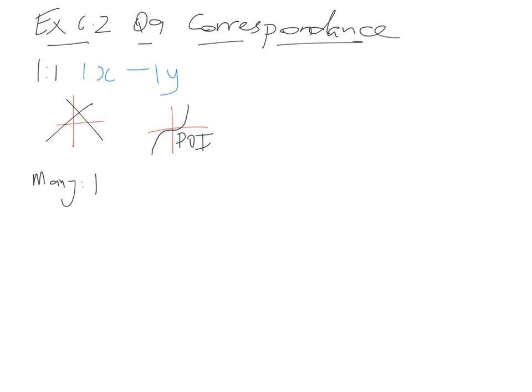Now, your many-to-one is a little bit different. Many-to-one means that a number of x values can correspond to one y value, so n to show numbers of x values. Those types of graphs are like a parabola, for example.